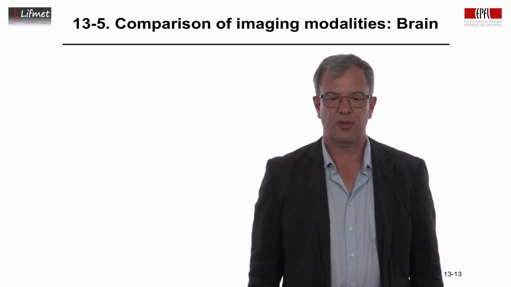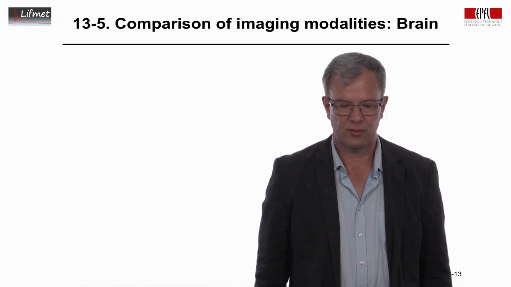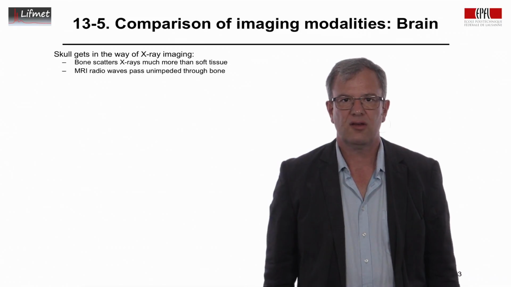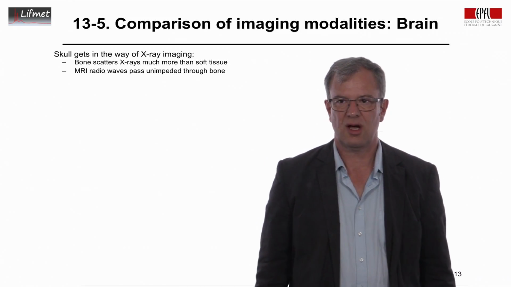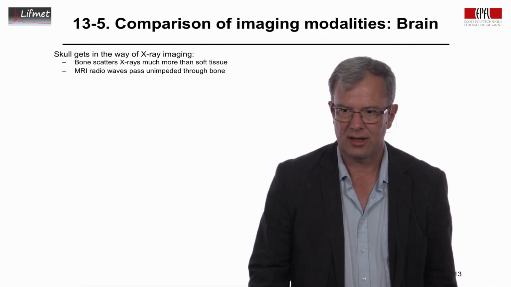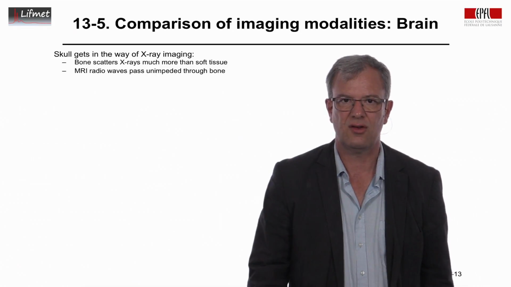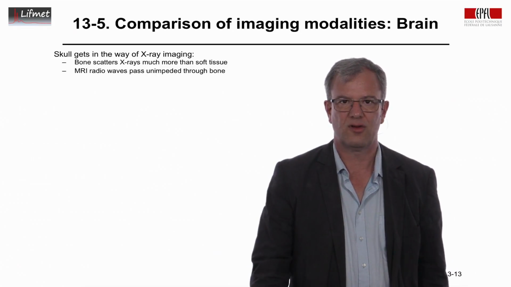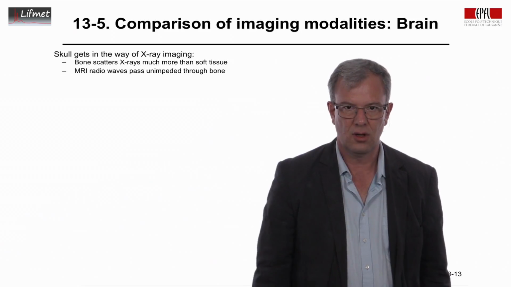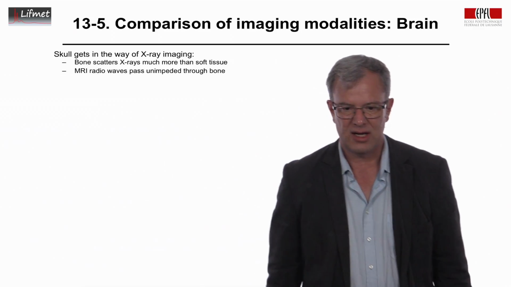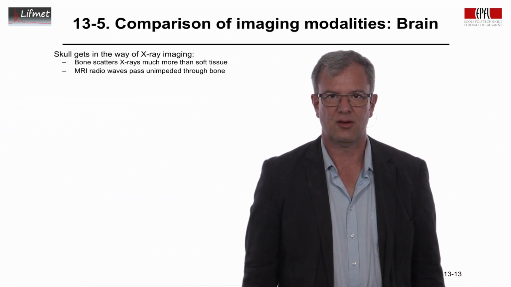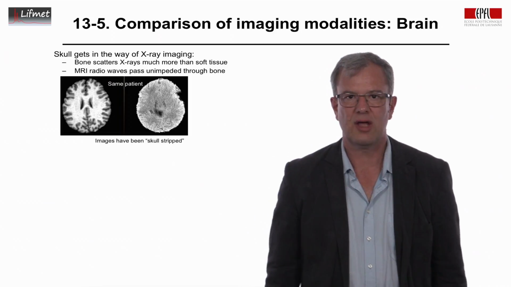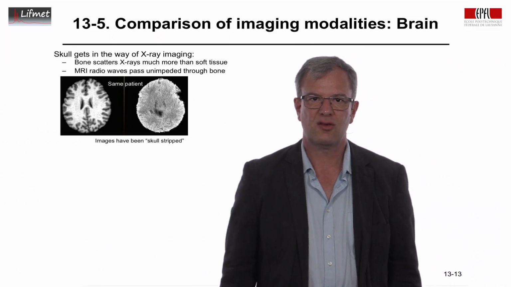Let's look at an example of the different modalities for the brain. If we look at the skull, for X-ray imaging, the skull has a lot of electron density, calcium, so there's more scattering. It gets in the way of brain imaging, so it is not as good a technique. And so here we're looking at an image now. This image has been skull stripped.